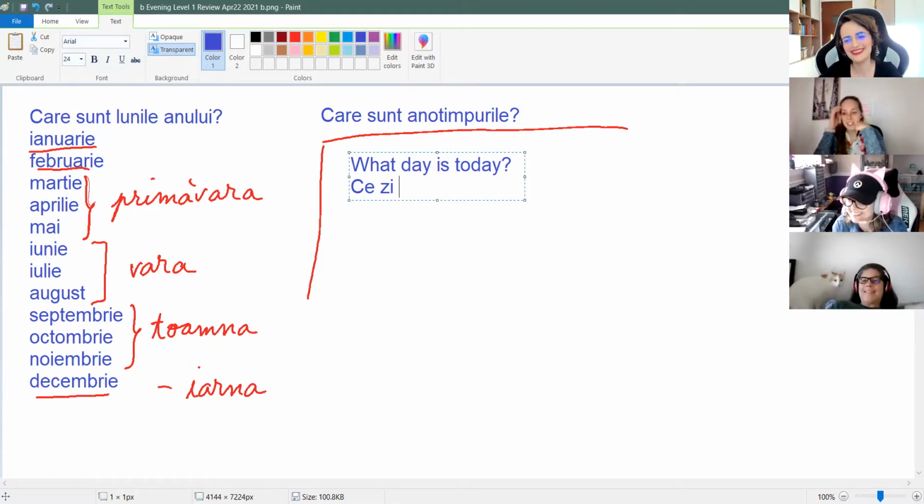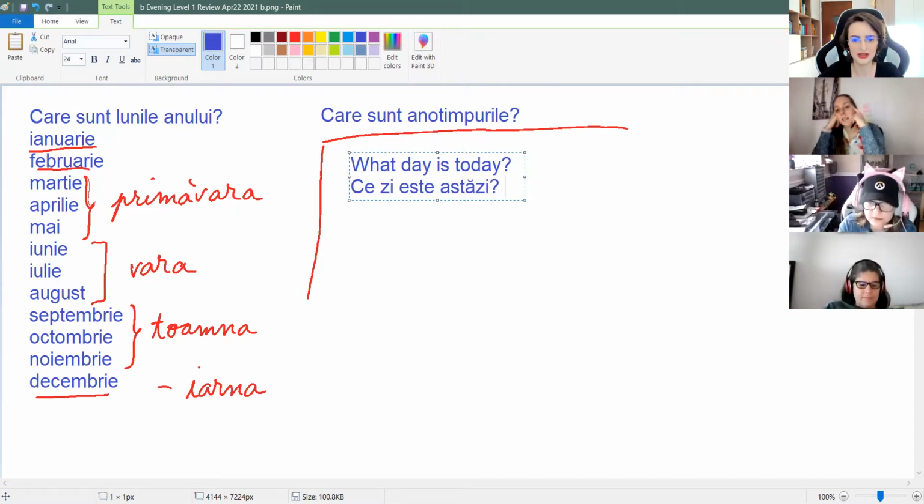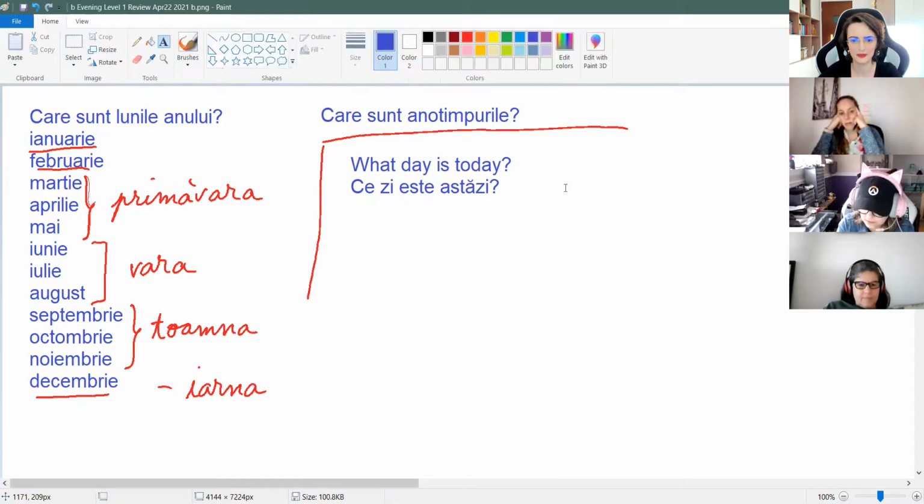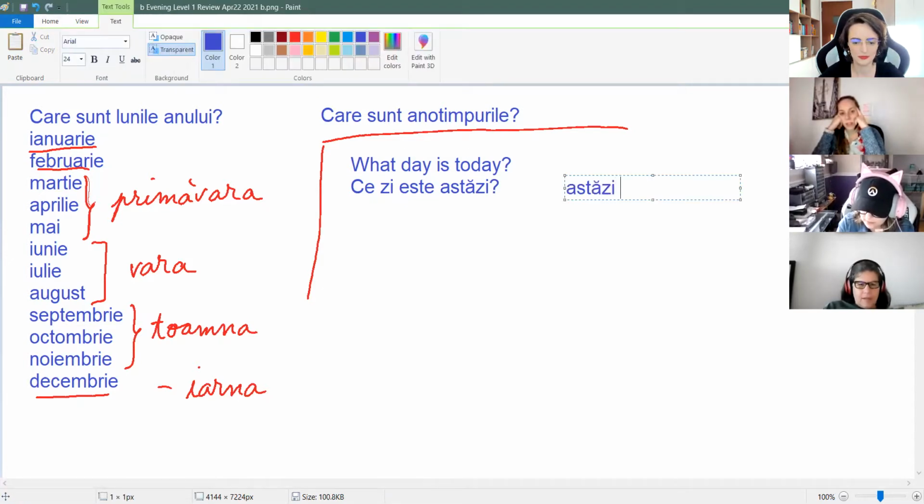Zi este. What's the short form for astăzi? Azi.